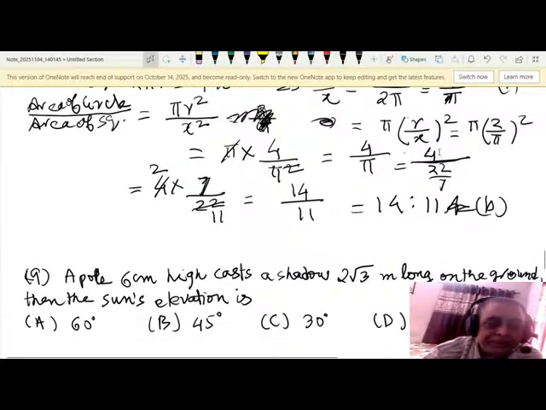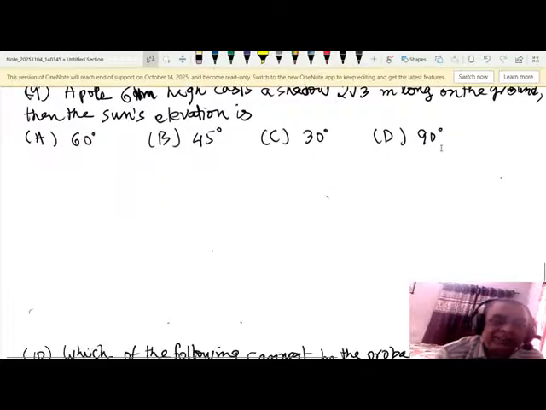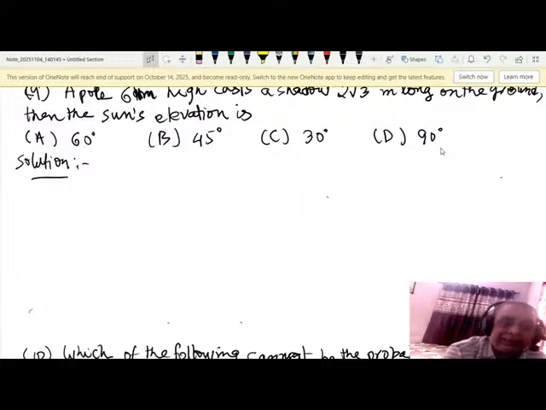Now we are moving to sum number 9. A pole 6 meter high casts a shadow 2 root 3 meter long on the ground, then find the sun's elevation. So here it is like this. There is one pole. You draw this pole. Suppose the pole is AB.